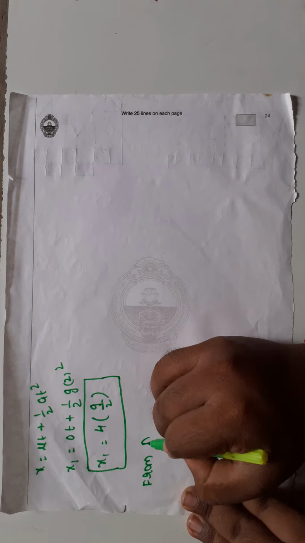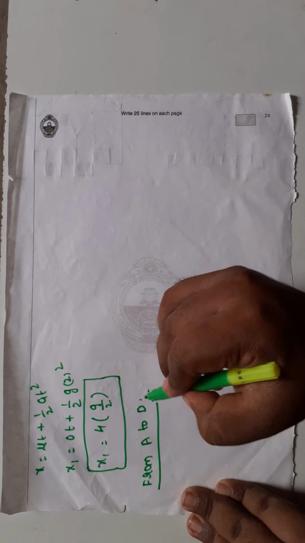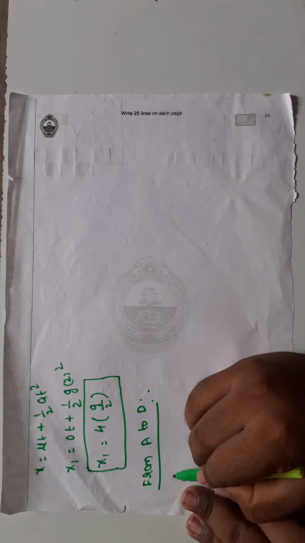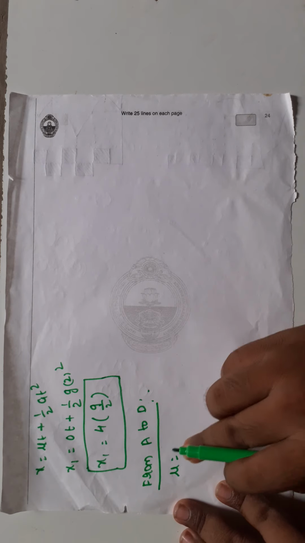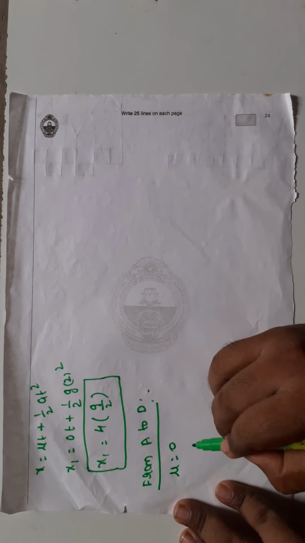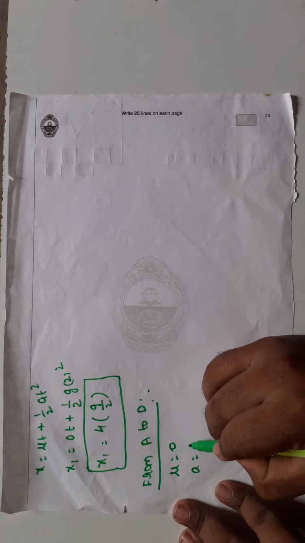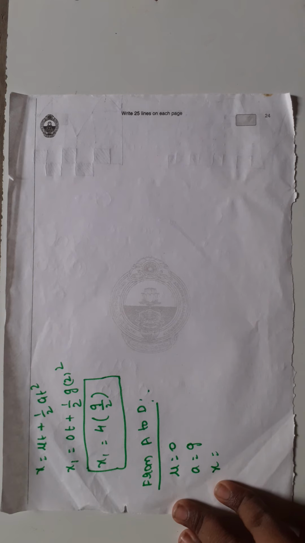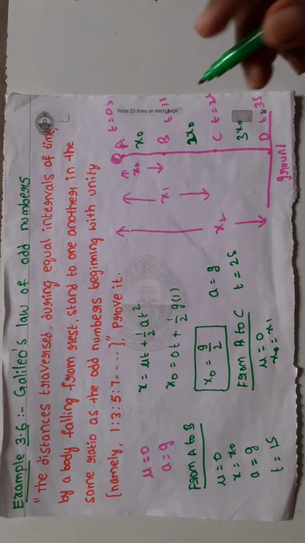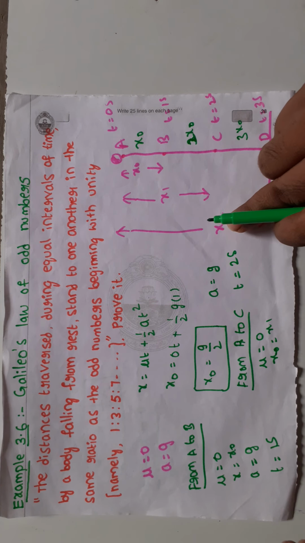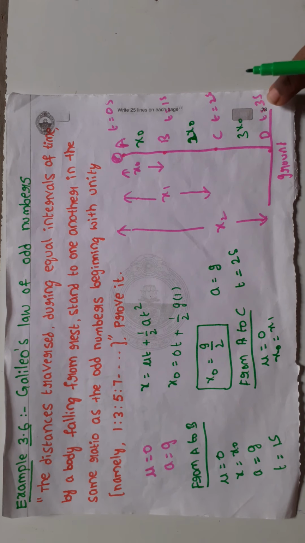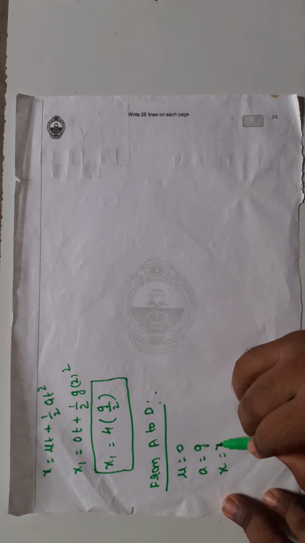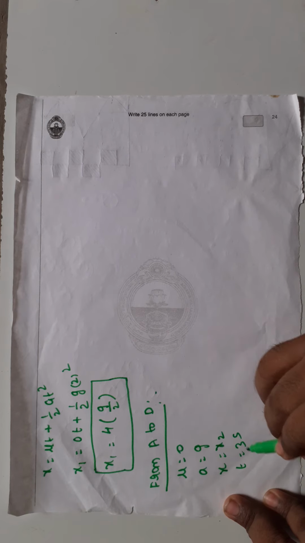Now from A to D. A to D means total distance from initial point to final point. In that situation, initial velocity remains 0, acceleration due to gravity g, displacement from A to D is x2. What about the time? 3 seconds.